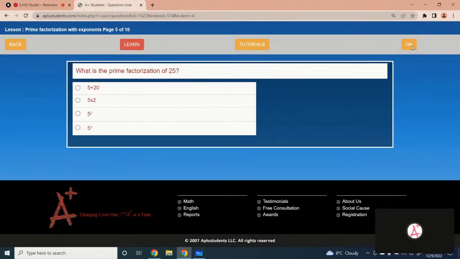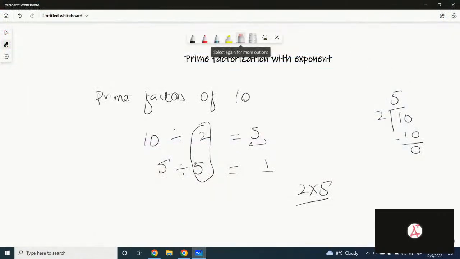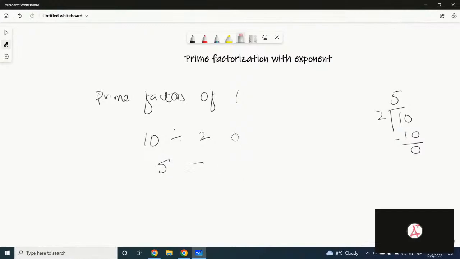Okay, now you have to write the prime factorization of 25. Which is the smallest prime number that can divide 25? The smallest prime number that can divide 25 is 5.